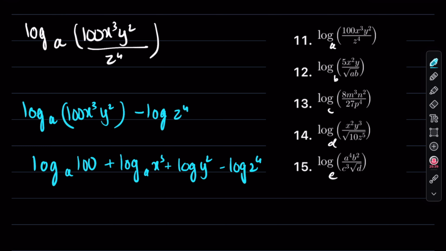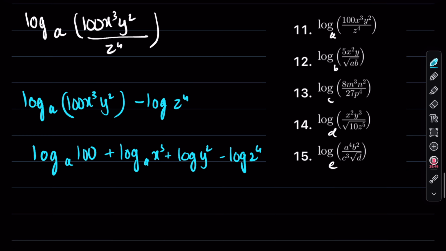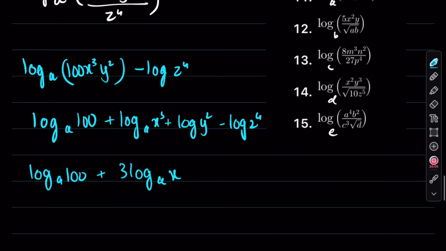I really hope I do not need to explain this after all that ruckus I just orchestrated. So yeah, log with the base of a argument 100 plus 3 log base a argument of x, because 3 is the power of the whole term x.